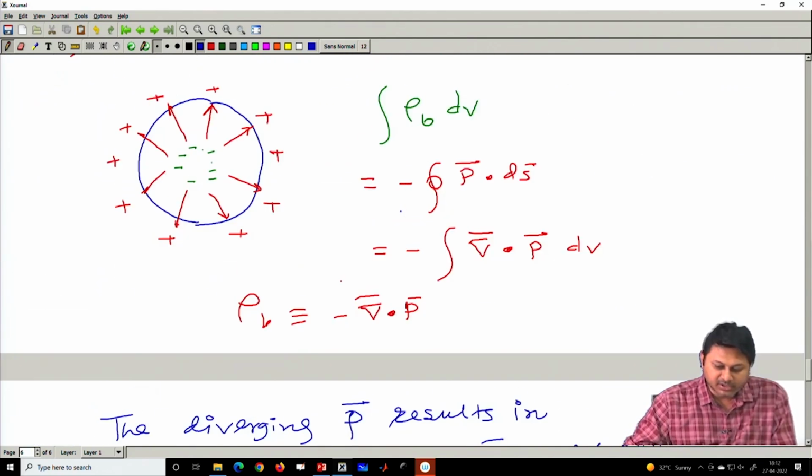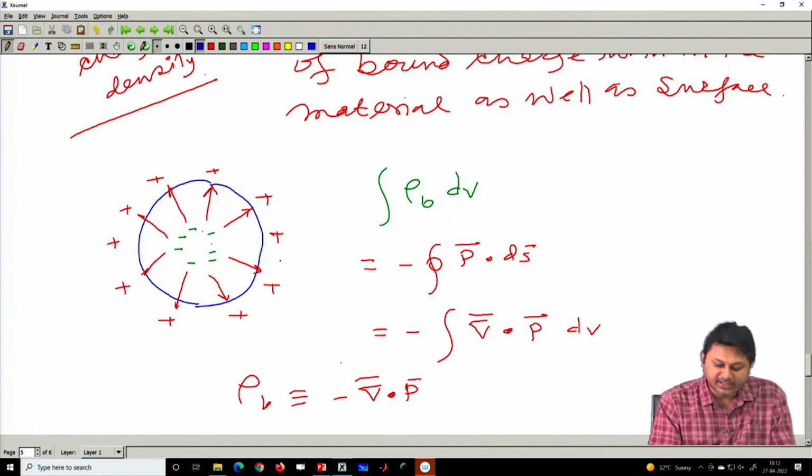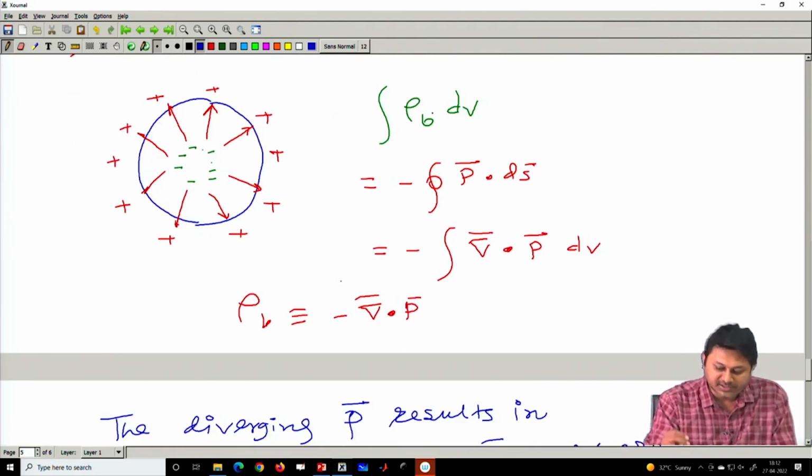So, I pictorially show that suppose I have a negative charge. This divergence is simply equivalent to whatever the volume charge density we are having.